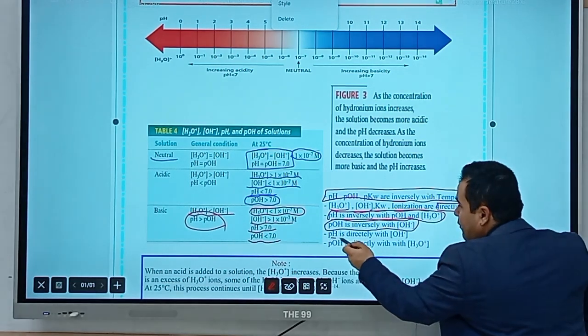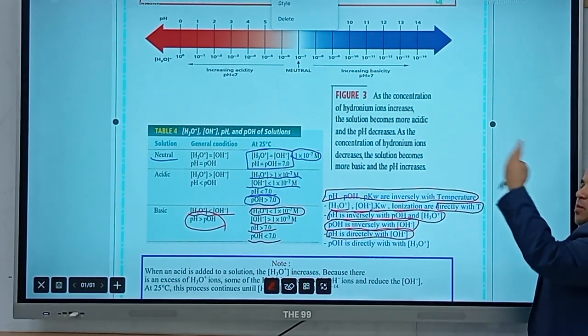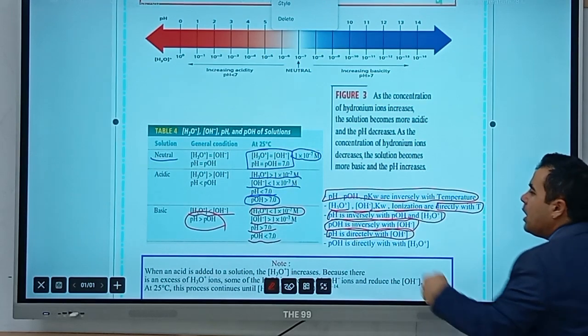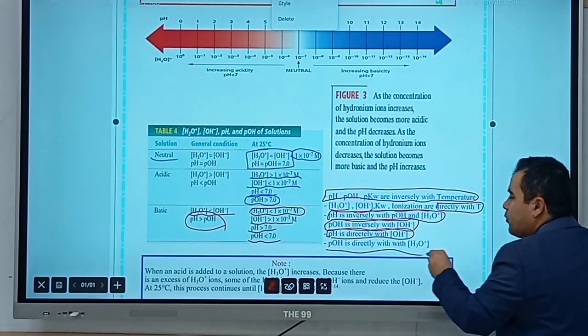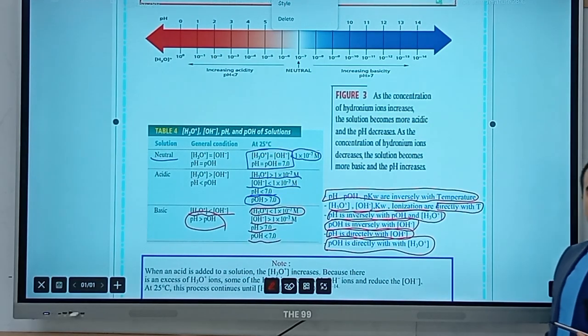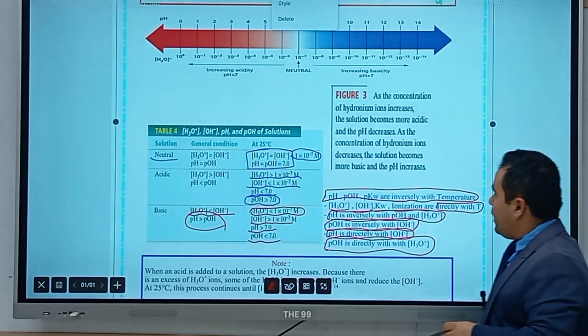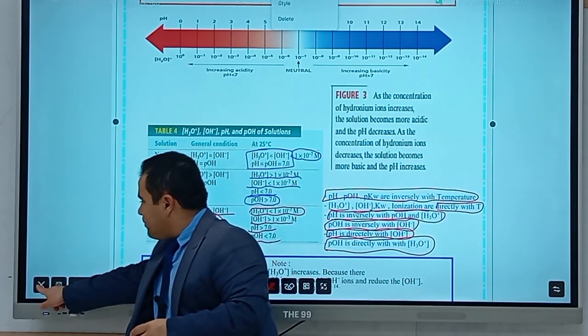But pH is directly proportional to the hydroxide. A high pH represents a high hydroxide concentration, and pOH is directly proportional to the hydronium. A high pOH of a solution represents a high hydronium concentration of the solution.